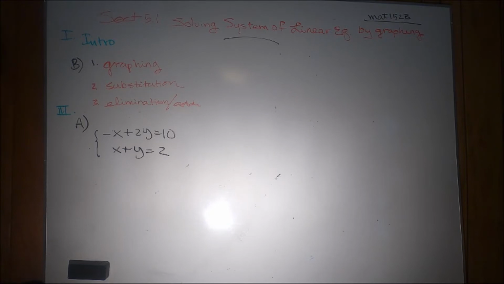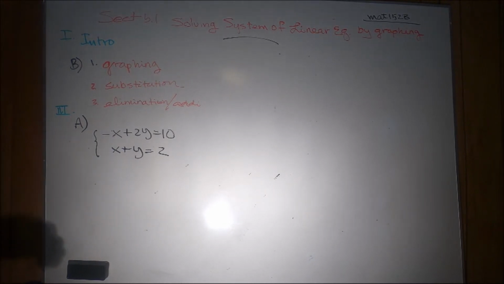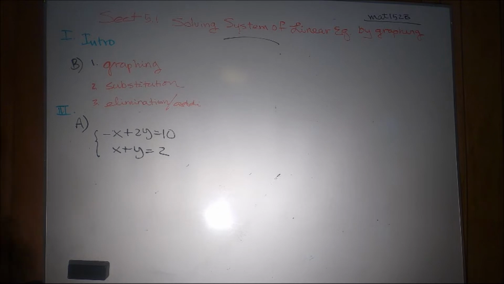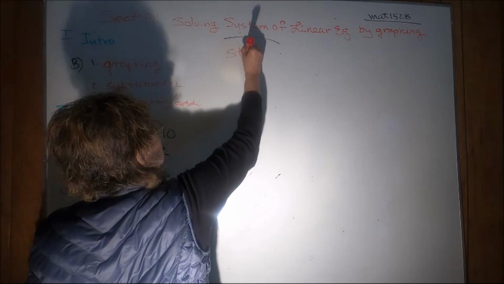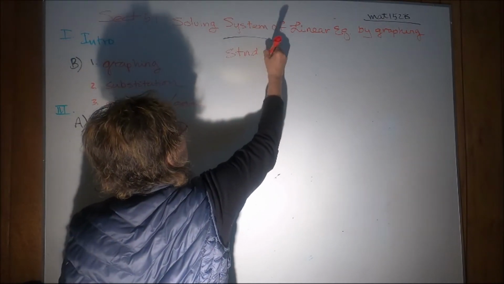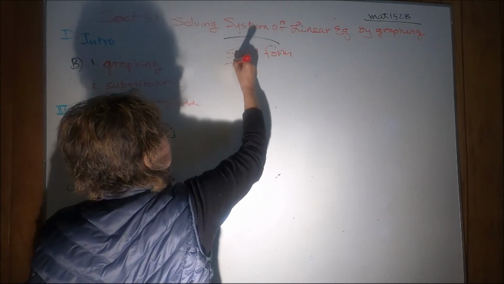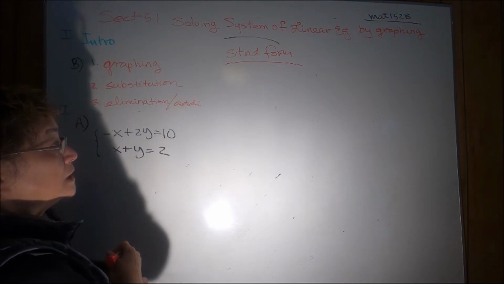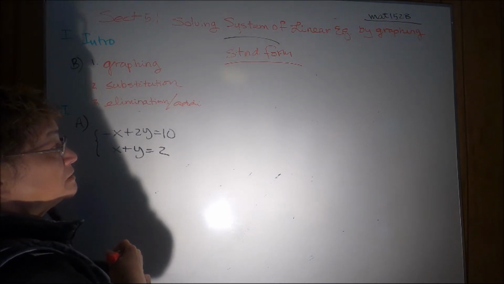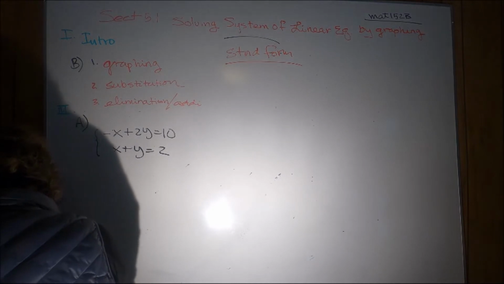In your 152A class, if it's a linear equation, when we graph it, it should be a what? A line, right? And for a line, we learn two forms. One is what we call standard form. When we graph it, how many variables?